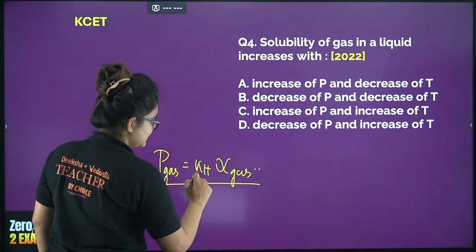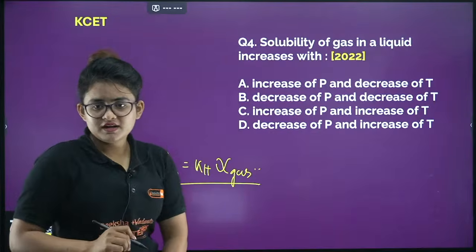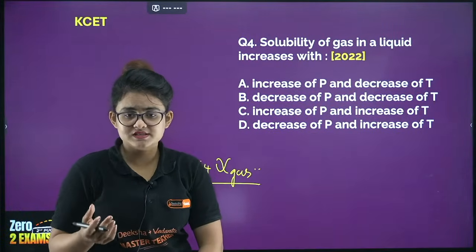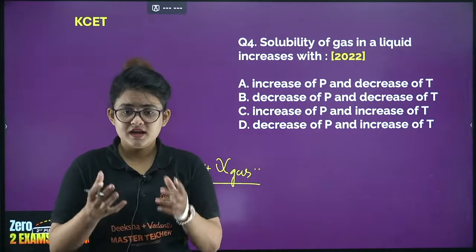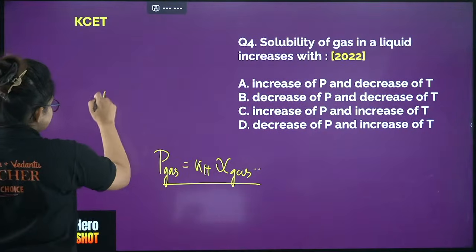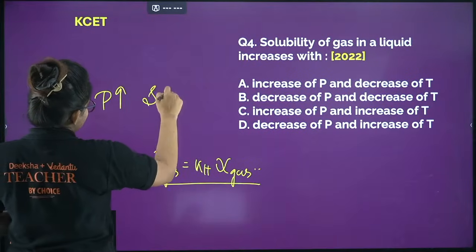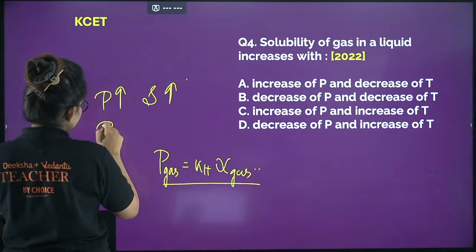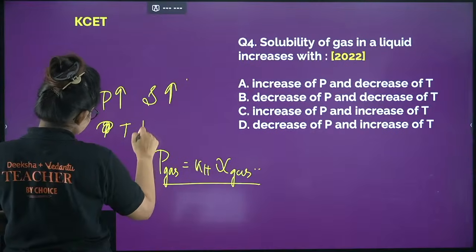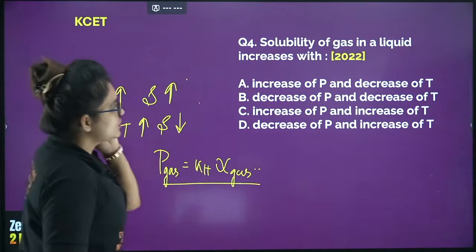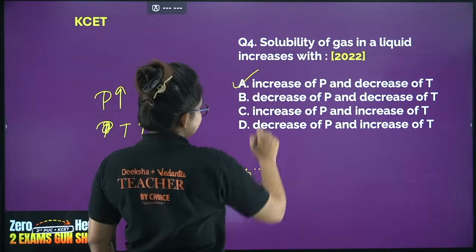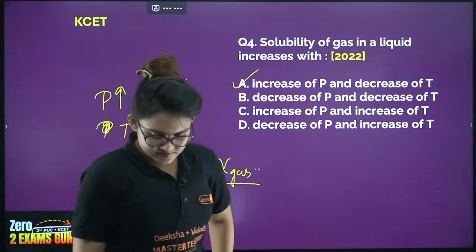So you can see they are directly proportional. So definitely solubility increases with an increase in pressure, and it is inversely proportional to temperature. Meaning if P increases, solubility increases. If temperature increases, solubility decreases. So this is the correct answer, right?